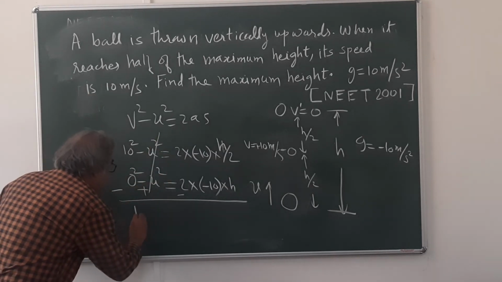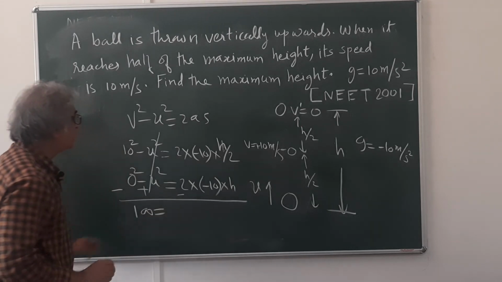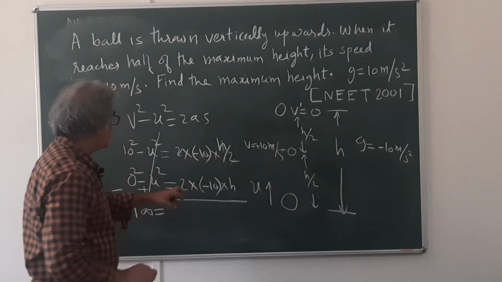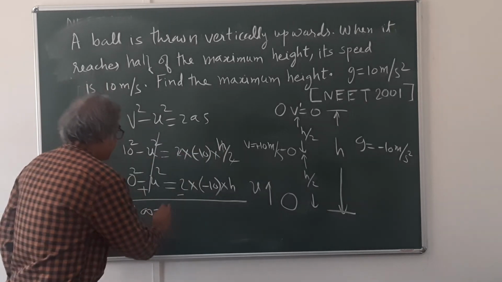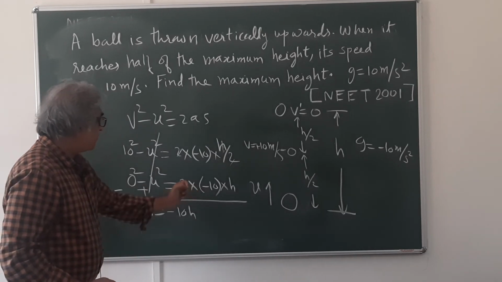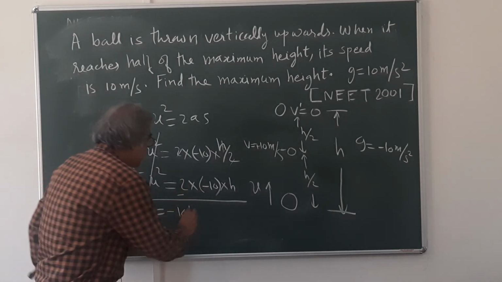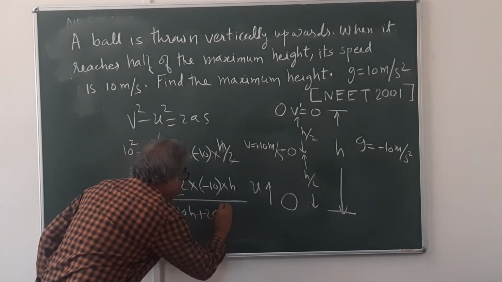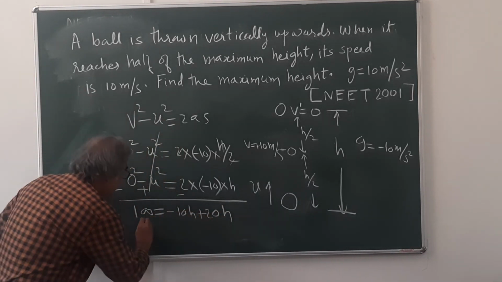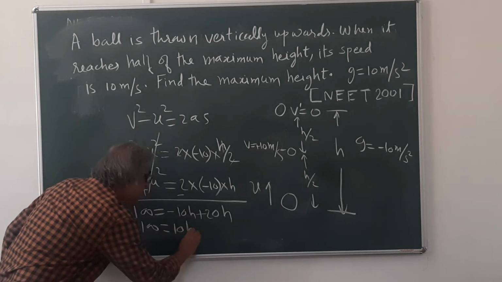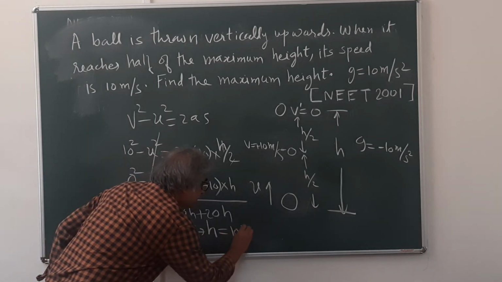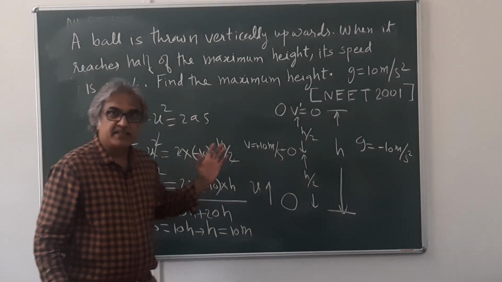This will be 100 is equal to minus 10h plus 20h. So 100 is equal to 10h, which means h is equal to 10 meters, and we had the same answer. Thank you.